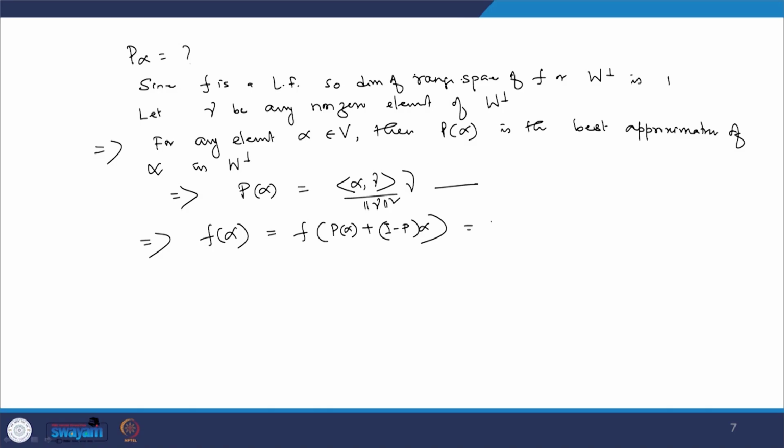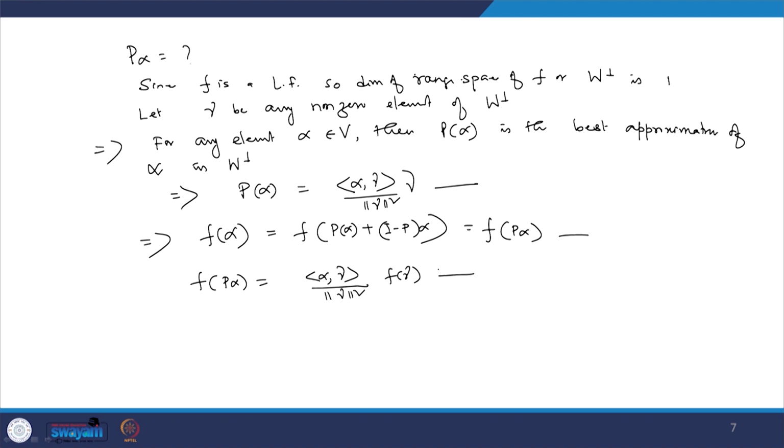So, therefore, it will be simply f of P alpha. Now, f of P alpha will be equal to inner product of alpha gamma by norm of gamma square and f of gamma.